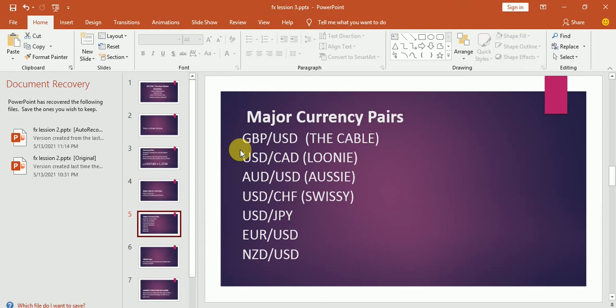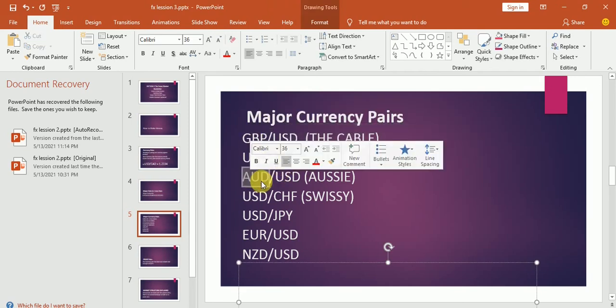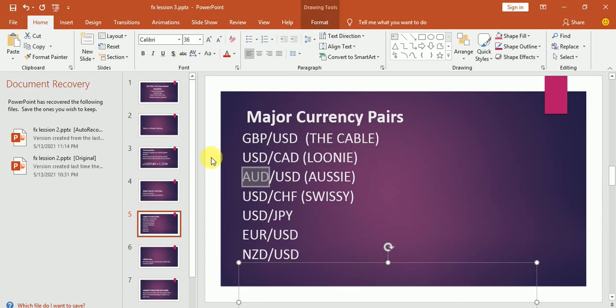Yes, if any of the major currencies we have listed is paired with the dollar, it is known as a major currency pair. Everything you are seeing here is a major currency, but once it is paired with the dollar, which is number one, it is known as a major currency pair.